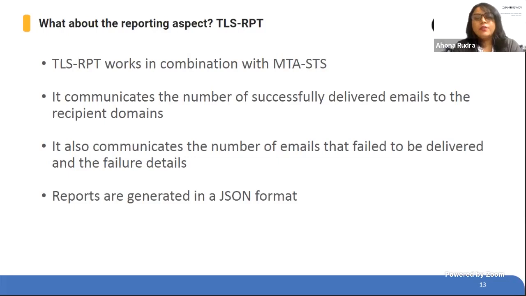So this is why we have TLS-RPT, which is SMTP reporting, which works complementing MTA-STS, or together with MTA-STS, to instantly notify you of issues in email delivery so that you can fix them way faster. It communicates the volume of delivered messages as well as those that were not delivered at all. And reports are generated in a JSON format, which we, of course, at PowerDMARC simplify for you to make them way more comprehensive and very easy to read.